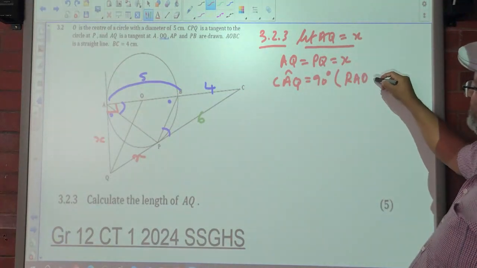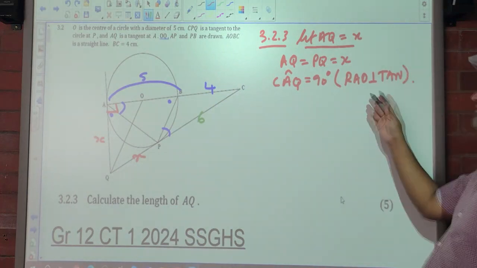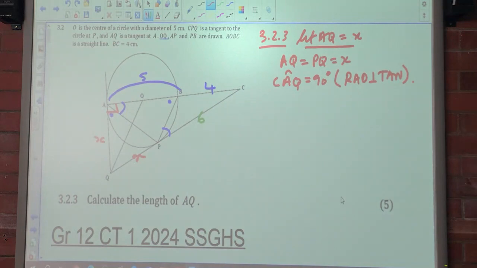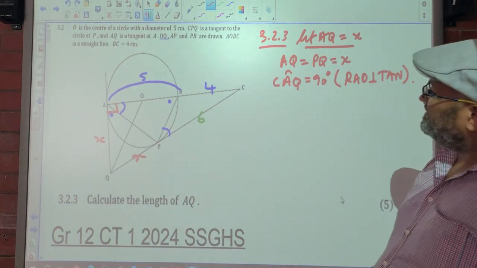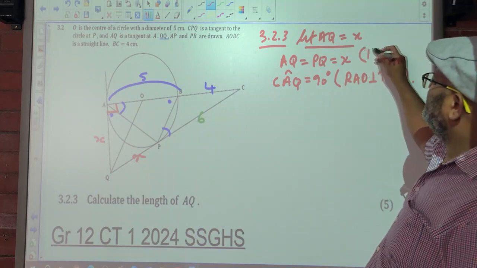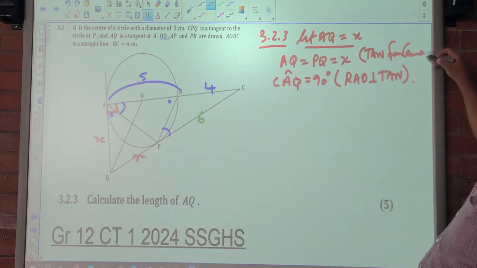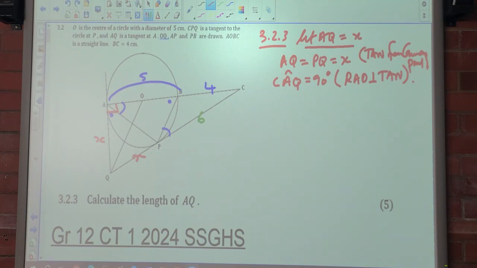Radius perpendicular to tangent, or diameter perpendicular to tangent. The reason for the first one is tangent from common point. Thank you. See, I would have lost the mark there. No purple for me.